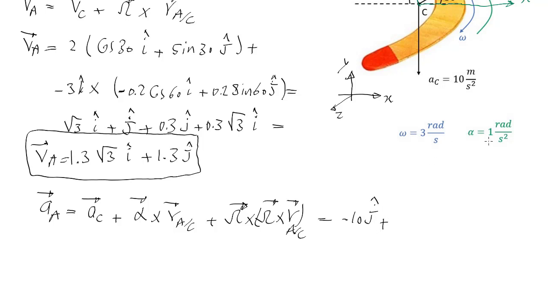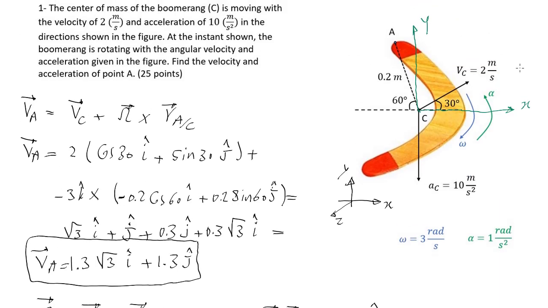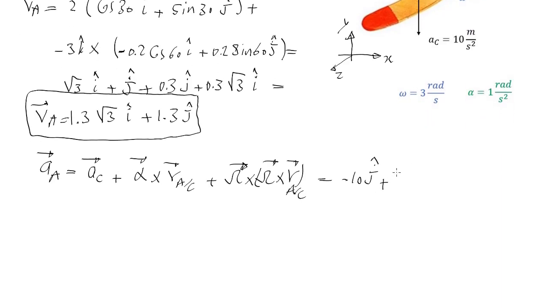Alpha is 1 radian per second squared in the positive k direction, so we have 1k. So I just write down k cross RA with respect to C, and RA with respect to C is minus 0.2 cosine 60 I plus 0.2 sine 60 j.